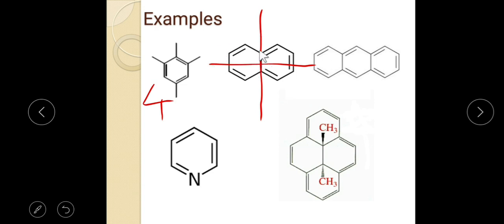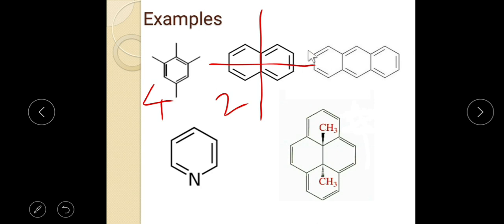On the axis, from this axis and from this axis, there are no hydrogens. So only 2 non-equivalent protons in the naphthalene. Understood? 1 and 2. You need not consider other parts, because they are similar to this. So naphthalene will have only 2 non-equivalent protons in H1 NMR spectroscopy.